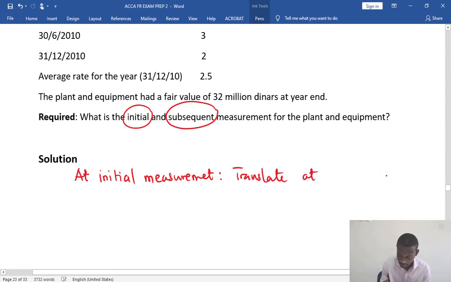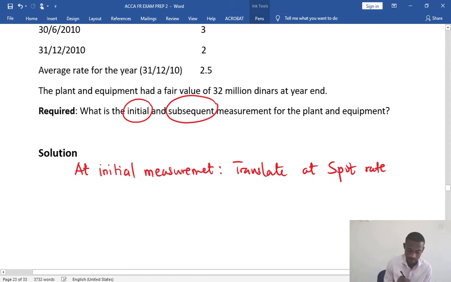So we are translating at spot rate. Now for this question, the spot rate, which is the date of the transaction, is 3.